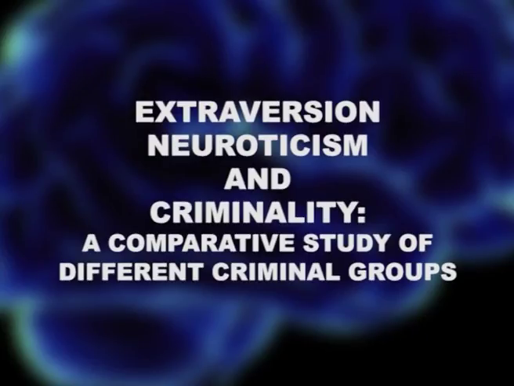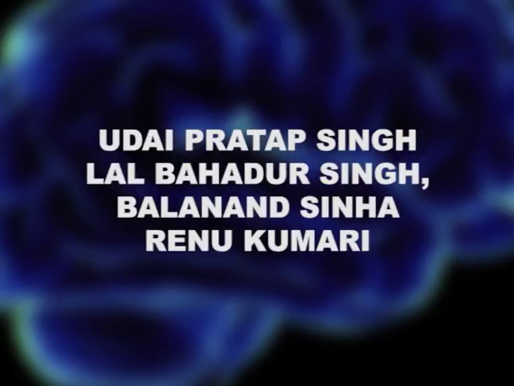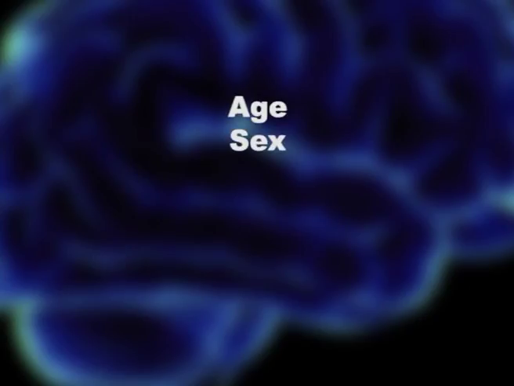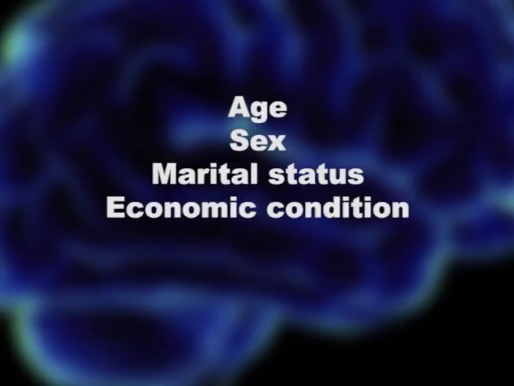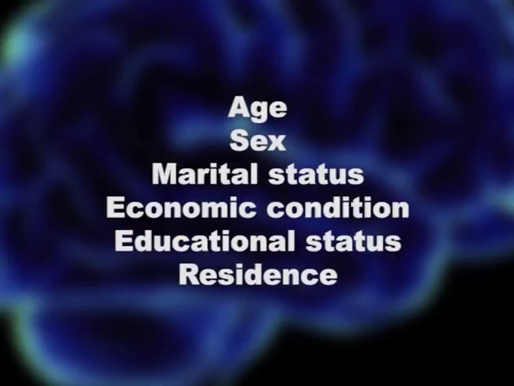Next is Extraversion, Neuroticism and Criminality: a comparative study of different criminal groups by Uday Pratap Singh, Lal Bahadur Singh, Balanand Sinha and Renu Kumari. 6 groups of criminals and a group of non-criminals, comparable in age, sex, marital status, economic condition, educational status and residence, were compared in terms of the extraversion and neuroticism dimensions of their personality.